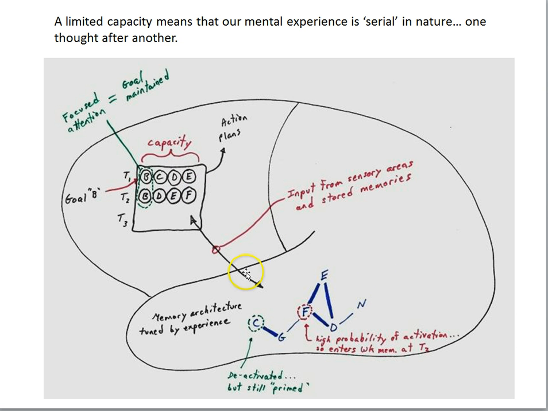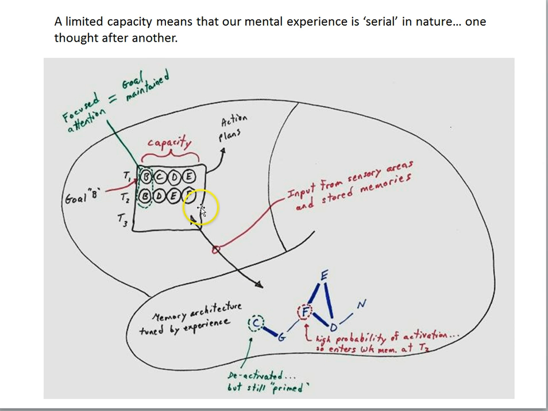So this gives us a way to understand some of the funny aspects of our mind. First of all, we have this parade of thoughts, one thought after another. And lots of times the thoughts are related. Well, that would make sense because what's in our working memory system is activating, searching the long-term memory systems, and it will tend to activate strongly associated items. So that makes sense.